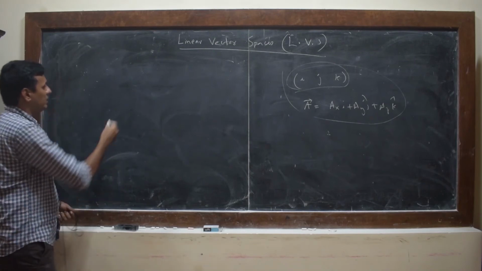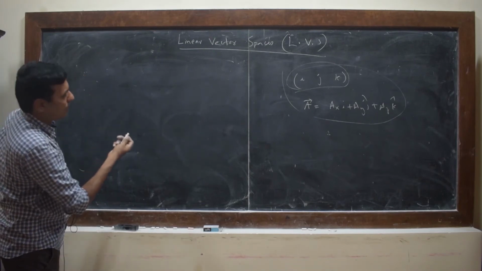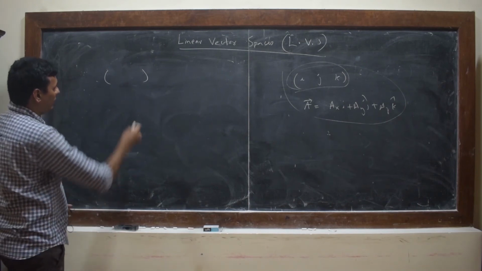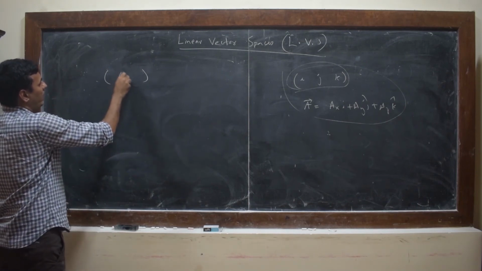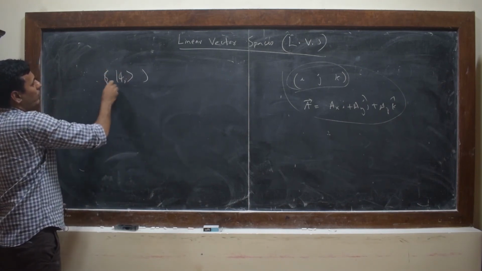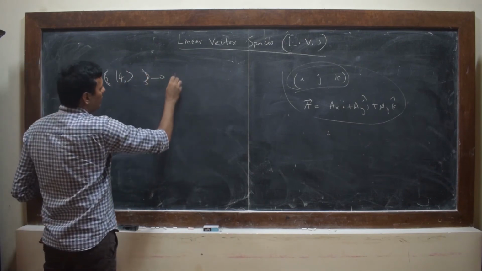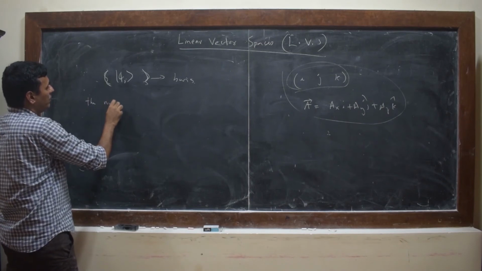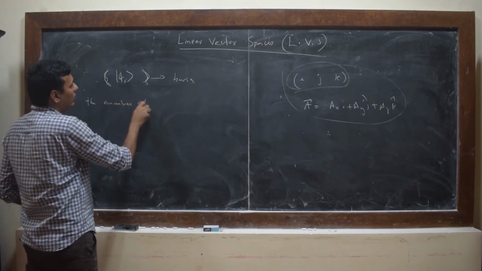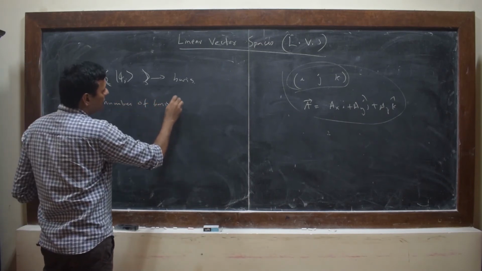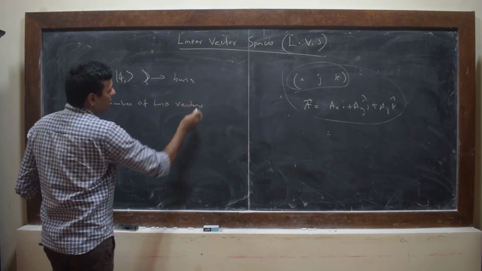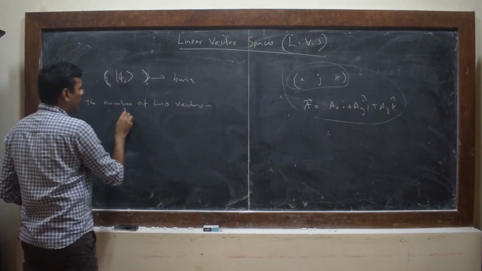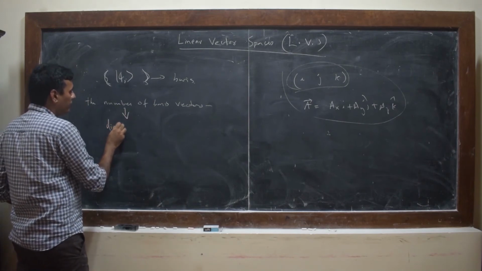So suppose you have a basis, say the set phi i forms a basis. Then the number of basis vectors is the dimensionality of the space.